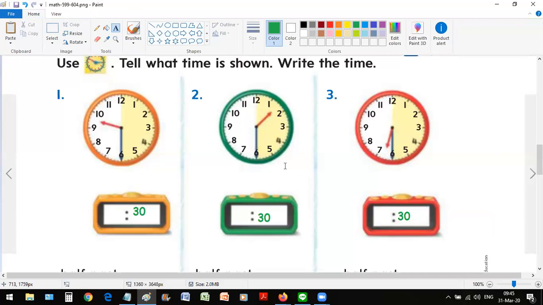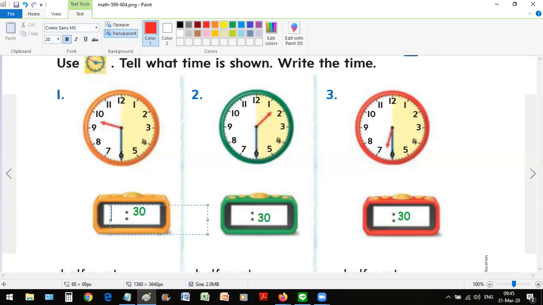Now let's have a look at the hour hand. On this one, the hour hand is between 9 and 10. So it's already past 9, but it hasn't reached 10 yet. So it's 9:30. Therefore, we're gonna write, maybe let's use a different color, we're gonna write 9 here for the hour. That's 9:30.